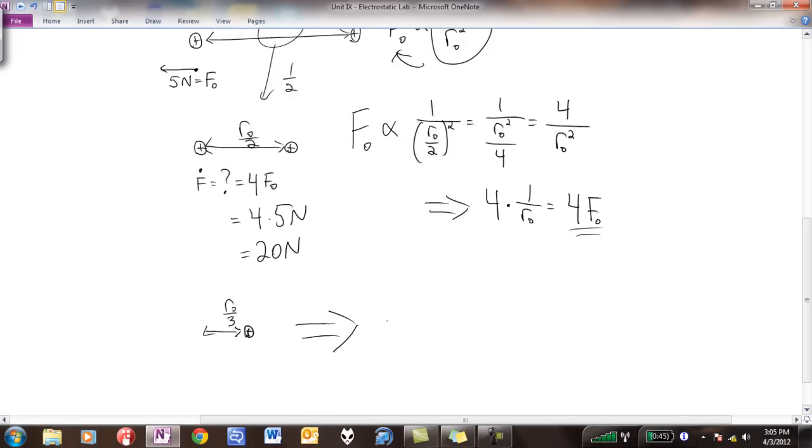And if you do that, you're going to see that it comes out to be 9 times the original force value. So as we make these two protons get closer and closer and closer, we're seeing an exponential increase in the amount of force. I'm sorry, when I say exponential, I mean a power function, a 1 over r squared increase in this force value.